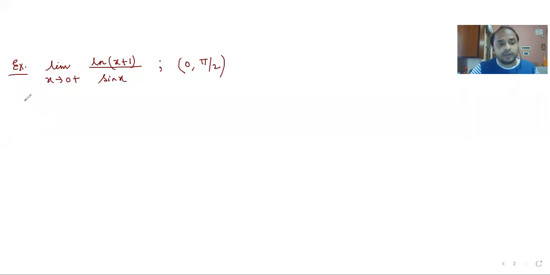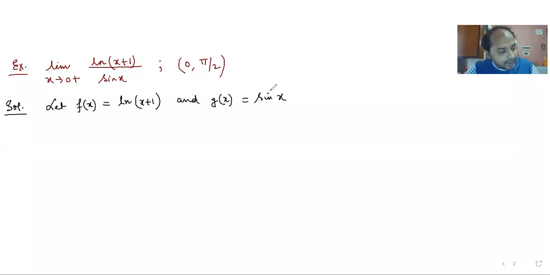Now, first of all, how to write the answer, that is very important. So you will write: let fx is equal to log of x plus 1, and gx is equal to sine of x.